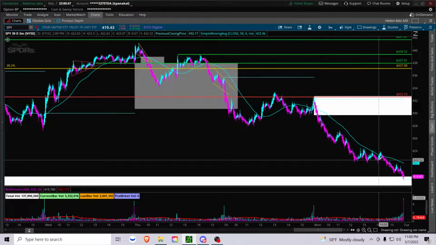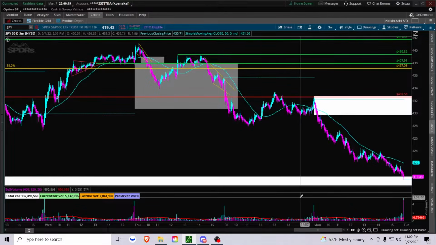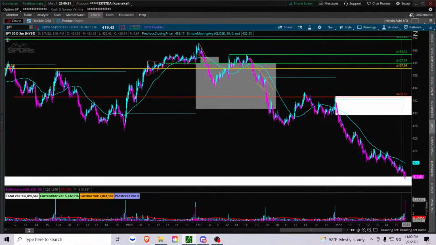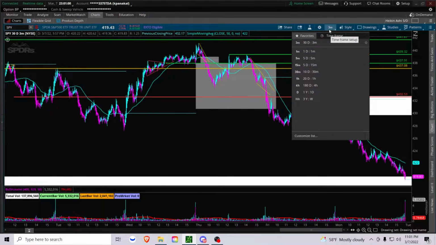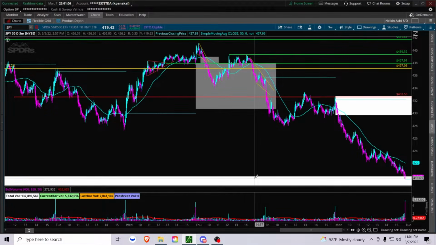If the institutions are the ones actually moving the market, then there's no need to plot smaller time frame zones. As I said in the previous video, the ones that institutions look at are the 15-minute, the 1 hour, and 2 hour time frames. So if you want to plot any zones, just go according to those.